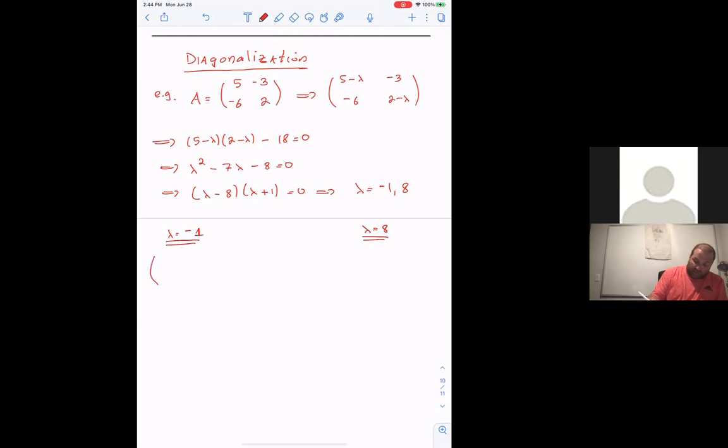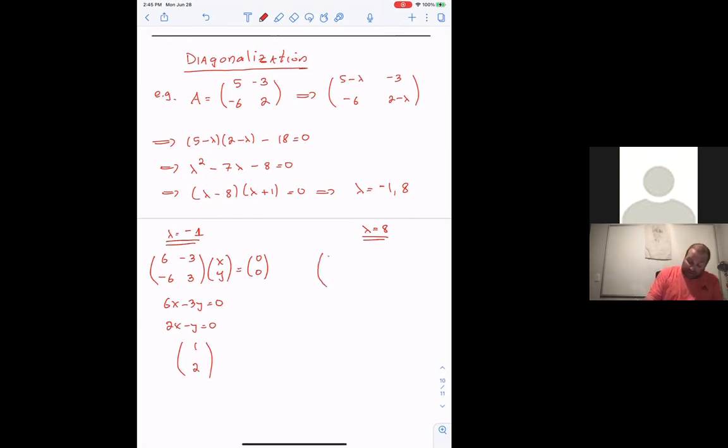With lambda equals negative 1, 5 minus negative 1 is 6, negative 3, negative 6, 2 minus negative 1 is 3, acting on x, y gives me 0, 0. 6x minus 3y is equal to 0, divided by 3: 2x minus y is equal to 0. What's the simplest one that satisfies that? x equals 1, y equals 2. So 1, 2.